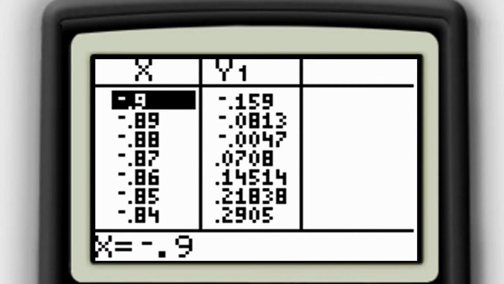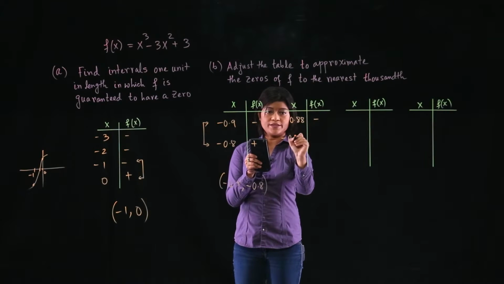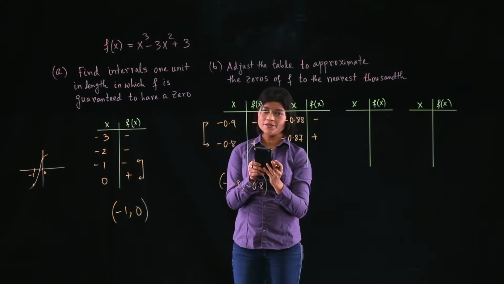Okay, so in the next table, look at where the function is changing sign. We see when we have negative 0.88, the function has a negative value, and when x is negative 0.87, the function has a positive value.